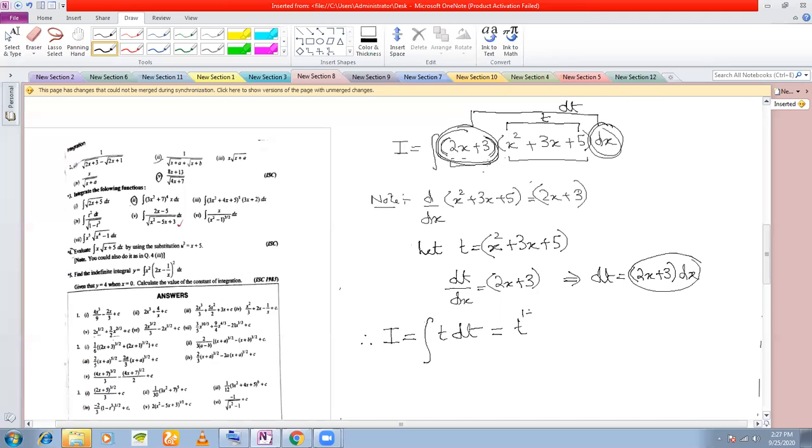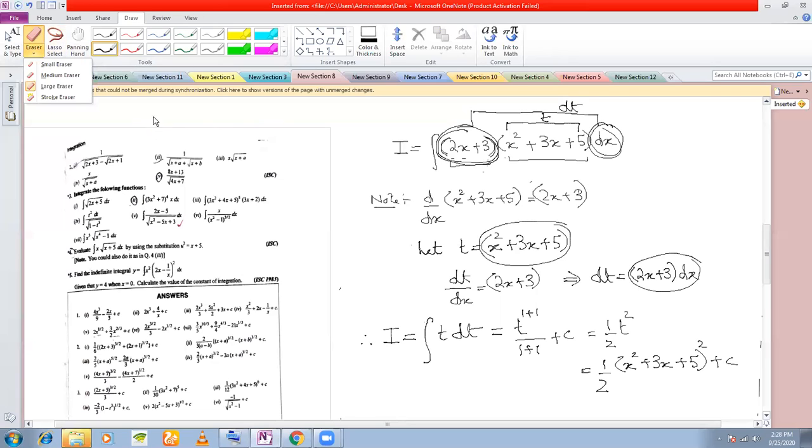It is t to the power of 1 plus 1 by 1 plus 1 plus c, which is half of t square. And what is the value of t that we have taken? Half of x square plus 3x plus 5 whole square plus c. Absolutely clear?